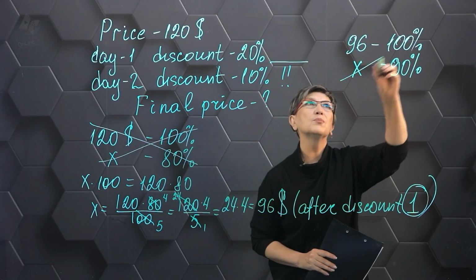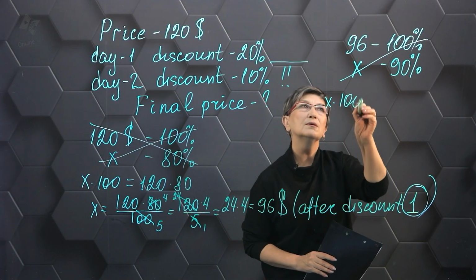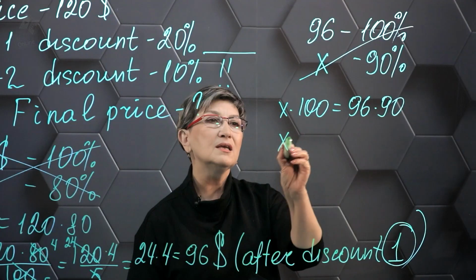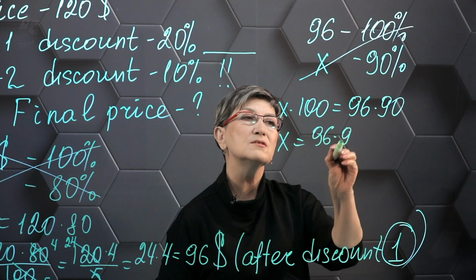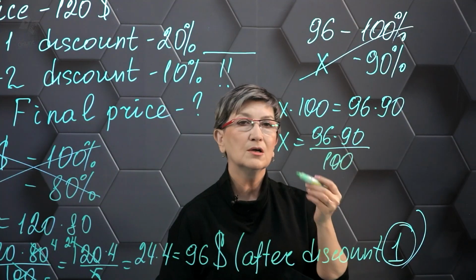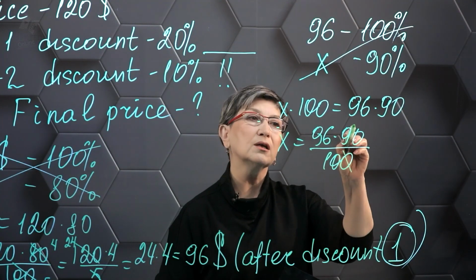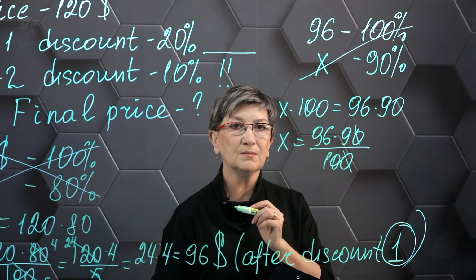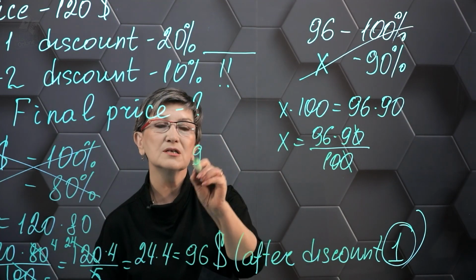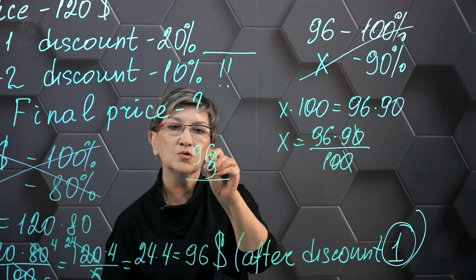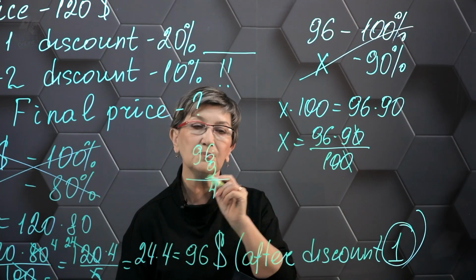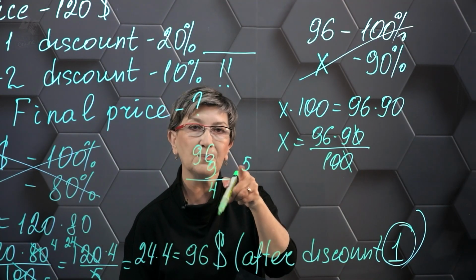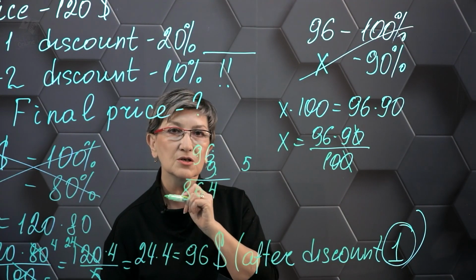Using the rule of proportion, x times 100 equals 96 times 90, and then x equals 96 times 90 divided by 100. What do we get in this case? We cross out the zeros and we multiply 96 by 9 and divide by 10. Let's multiply 96 by 9. 9 times 6, that's 54. 4 we write, 5 we memorize. 9 times 9 is 81, plus 5 is 86.